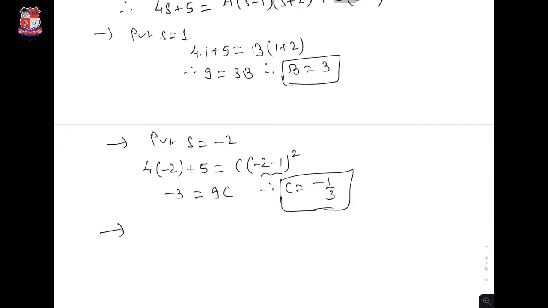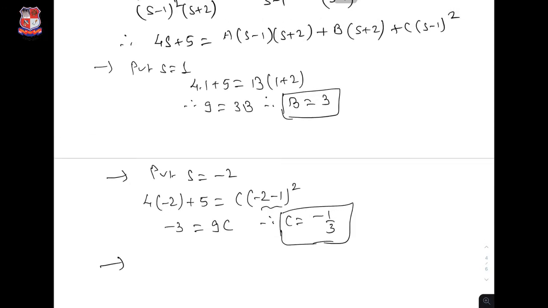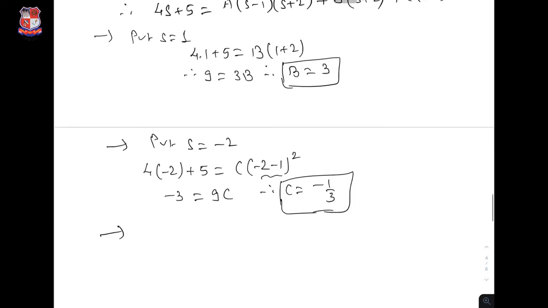Okay. Now to find out a, we can do like this. Either you can equate some of the powers of s, or say the constant term, or you can put any value of s, say like 0, and then put b and c also.